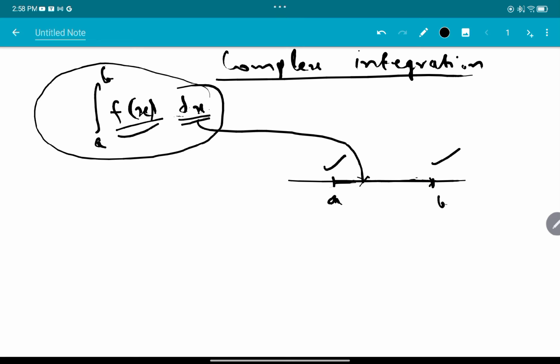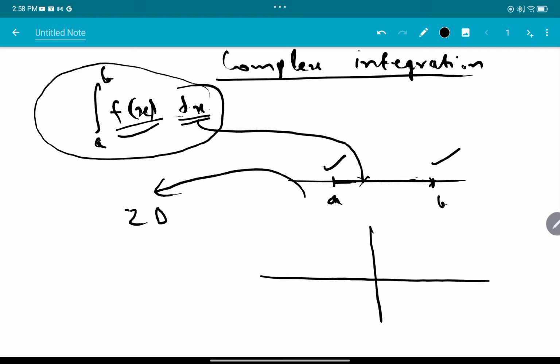In complex integration, you have to switch from this one-dimensional path to a two-dimensional plane, the complex plane. We have the real axis here and the imaginary axis here. Every point in this plane has two coordinates: one given by the real axis, the other given by the imaginary axis.